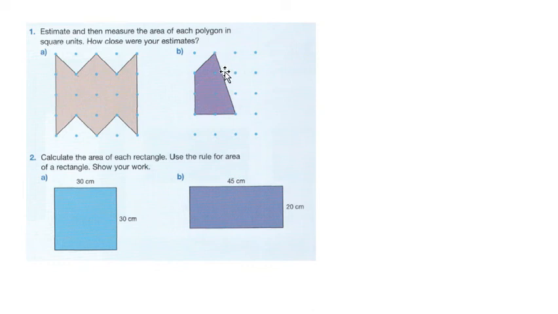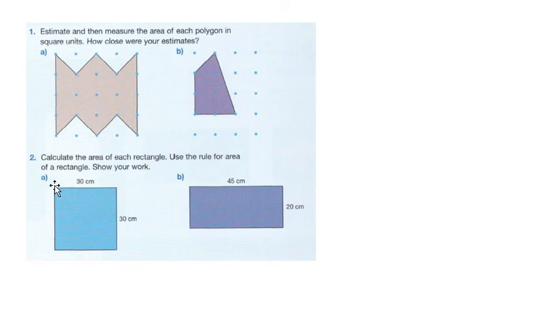But here I have 1, 2, 3 squares in this rectangle, but it's really only half of that rectangle. So half of the 3 squares would be 1.5. So 1.5 plus this half is 2. So we can count this one to be these 2 plus these 2, so 4. The area of this one is 4.